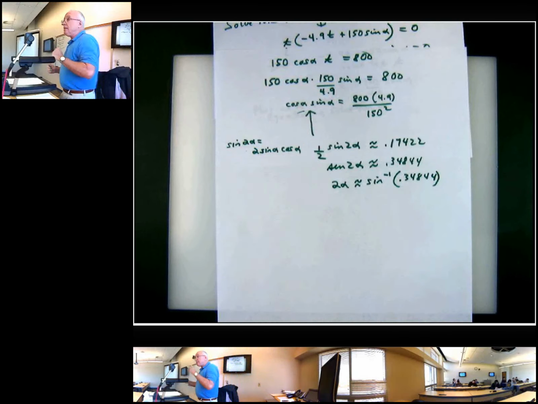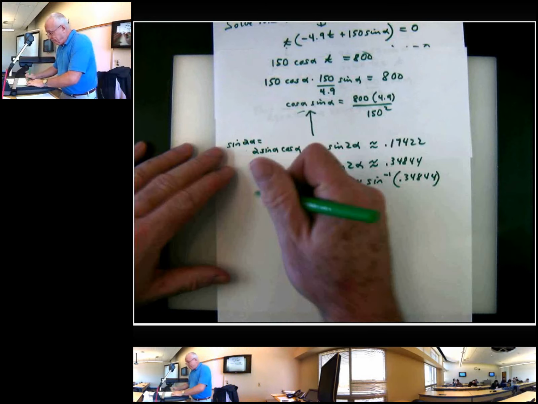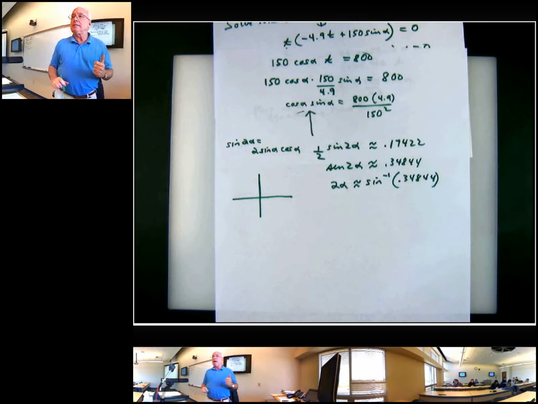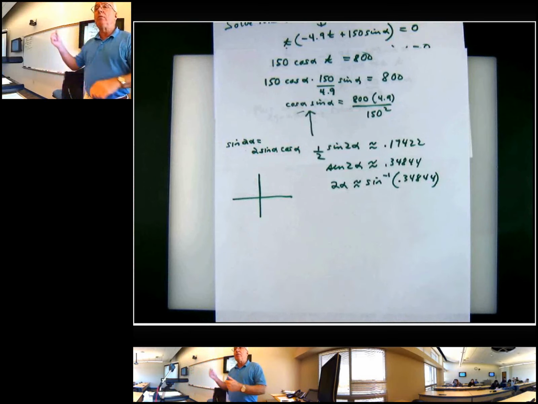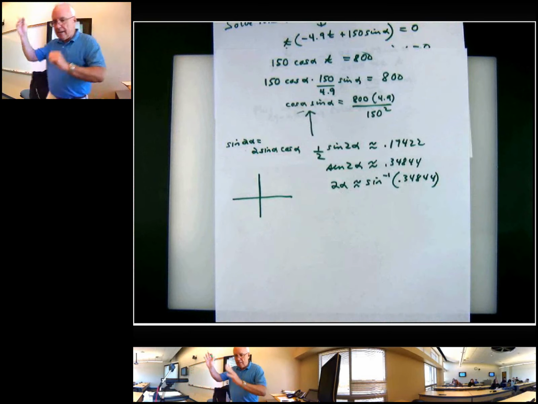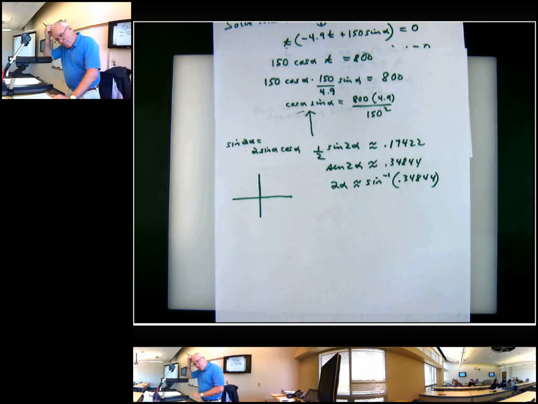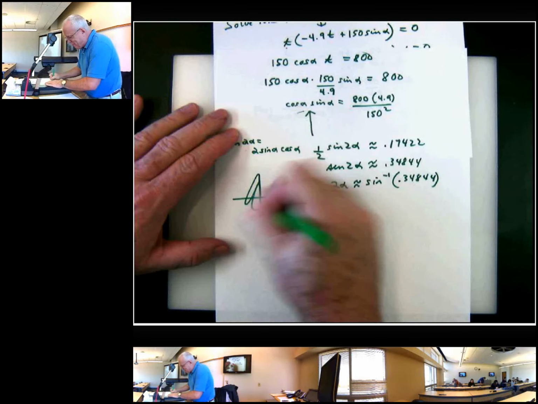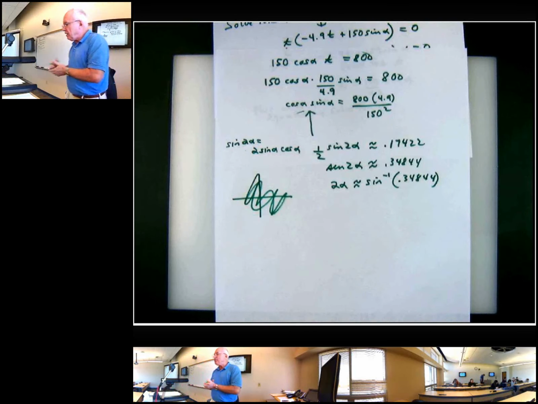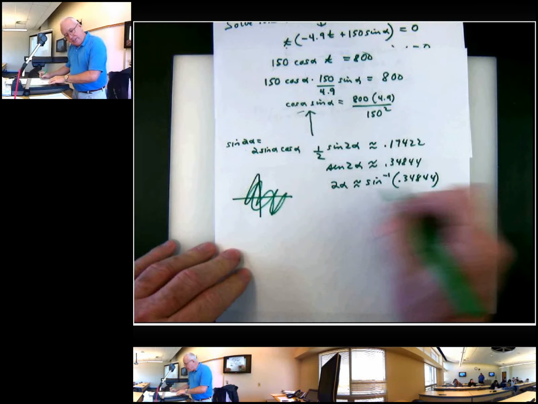Now this actually gives us 2 angles. The arc sine or the sine inverse goes from, never mind that. Let's do it like this, because that's not going to work out. Let's just use our calculator and get this arc sine.